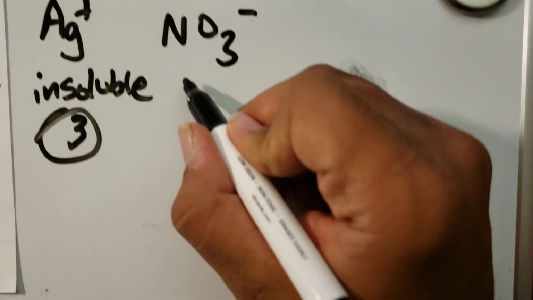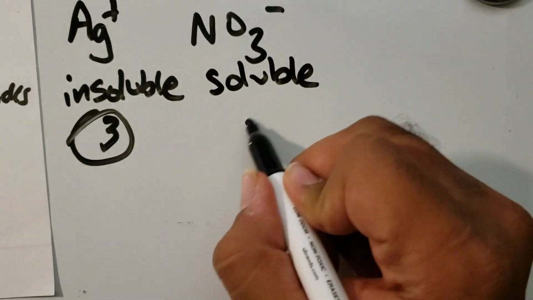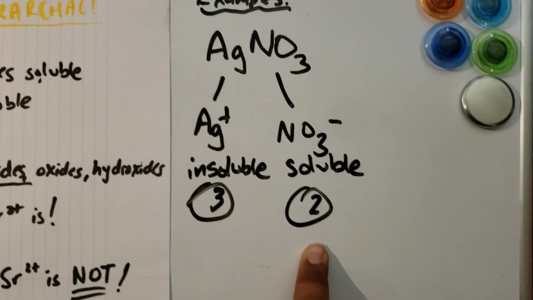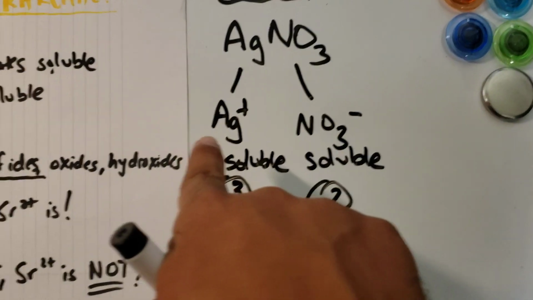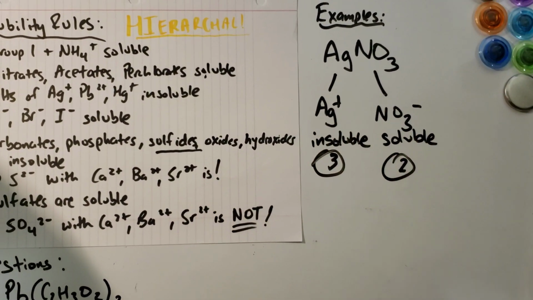Let's look at this. Okay, that comes from Rule 2. So I'm getting contradictory information here. I'm getting from these solubility rules again that the silver is going to be insoluble, but that the nitrate is going to be soluble.